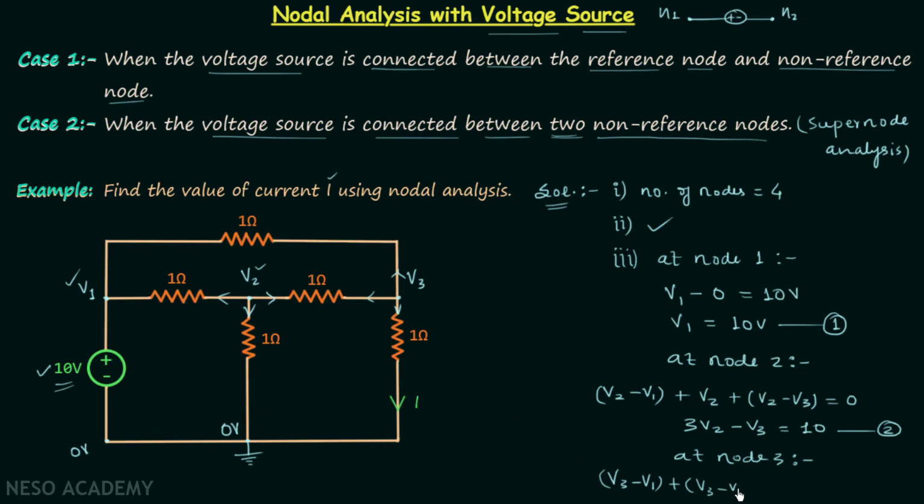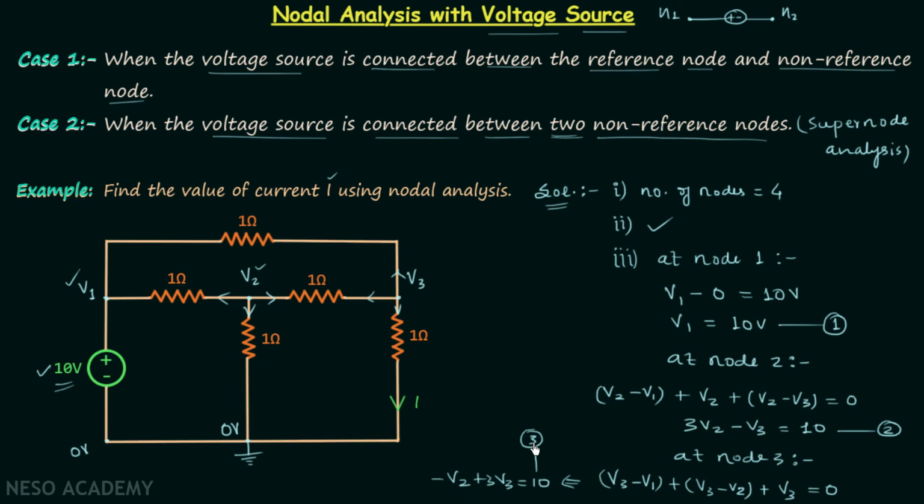So we have V3 minus V2 plus this current, it is equal to V3 minus 0 divided by 1. So we will write V3, and the sum is equal to 0. Now when you simplify this, you will have minus V2 plus 3 times V3 equal to 10, and I will call this equation number 3.